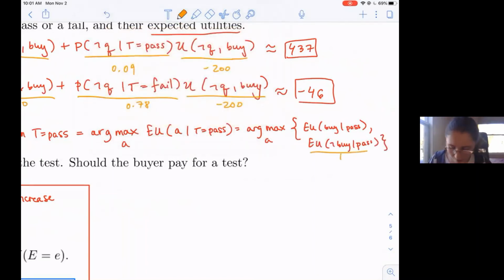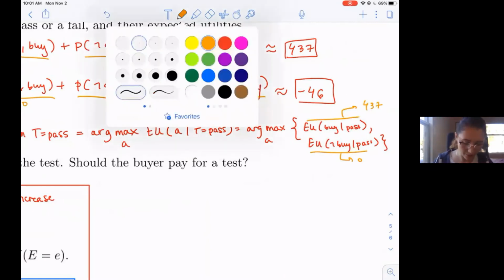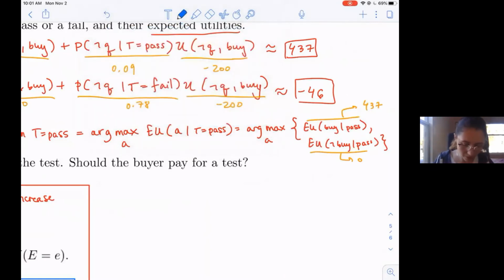Well, not buying gives me an expected utility of 0, but buying if the car is passing gives me a utility of 437. So the best thing for me to do here, the action which maximizes my expected utility, is going to be to buy. And this gives me an expected utility of 434.